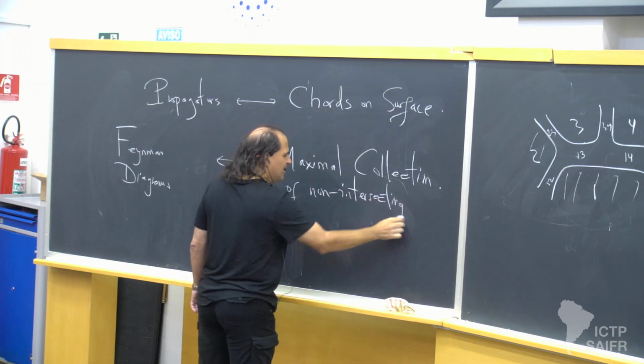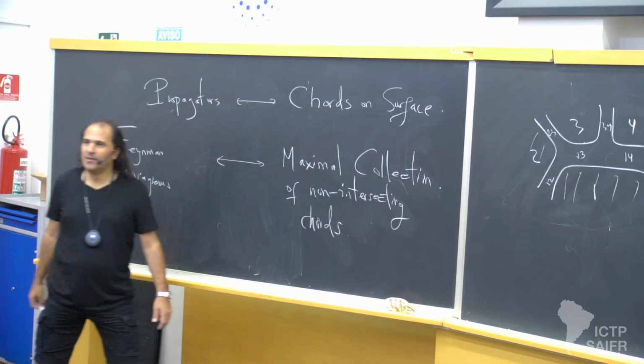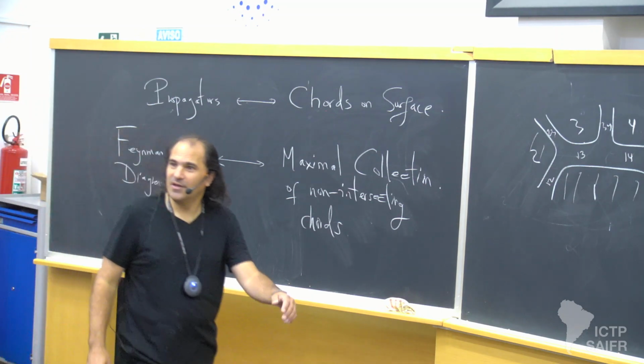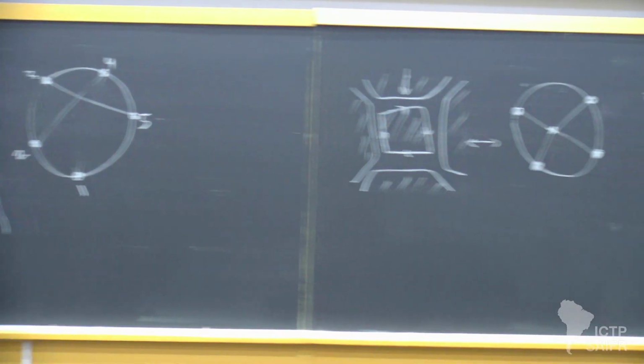So this generalizes what we saw yesterday at tree level, where the Feynman diagrams were triangulations of the disk. In general, a Feynman diagram is the same as giving a maximal set of non-overlapping chords.